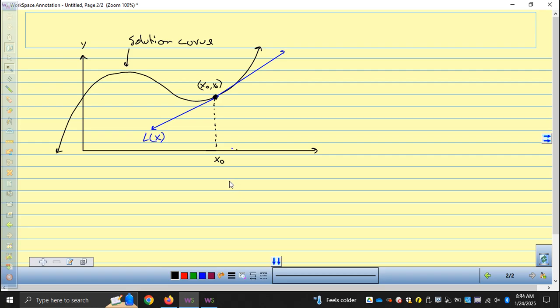Now we're going to move a small distance, h, along the x-axis, to the point x1 equals x0 plus h.